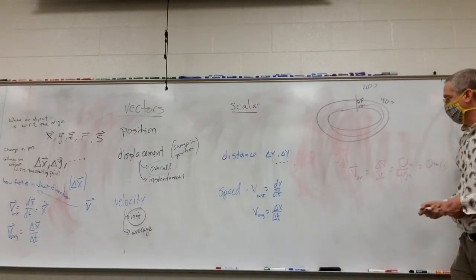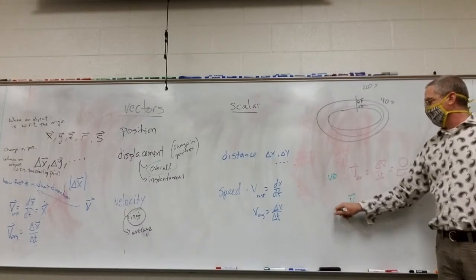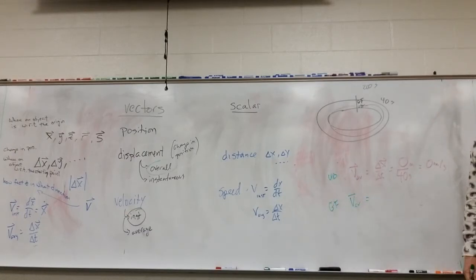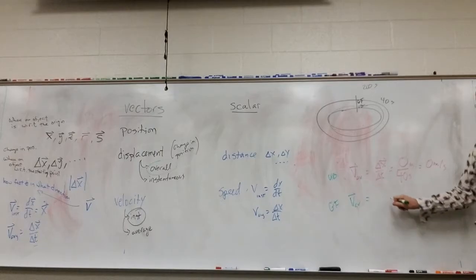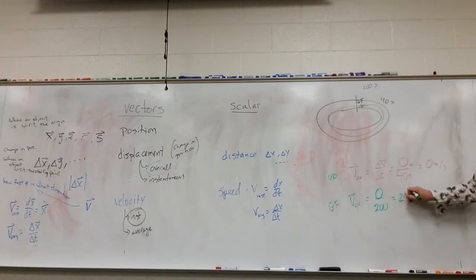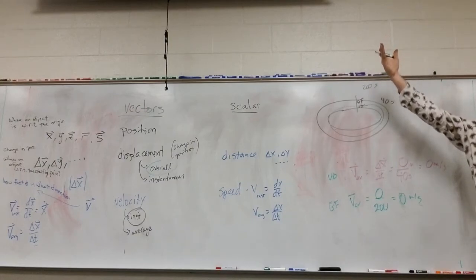I get to the starting point. This is Usain Bolt, and this is me. What's my displacement? 0 over 200. So 0 meters per second. I'm just as fast as Usain Bolt.